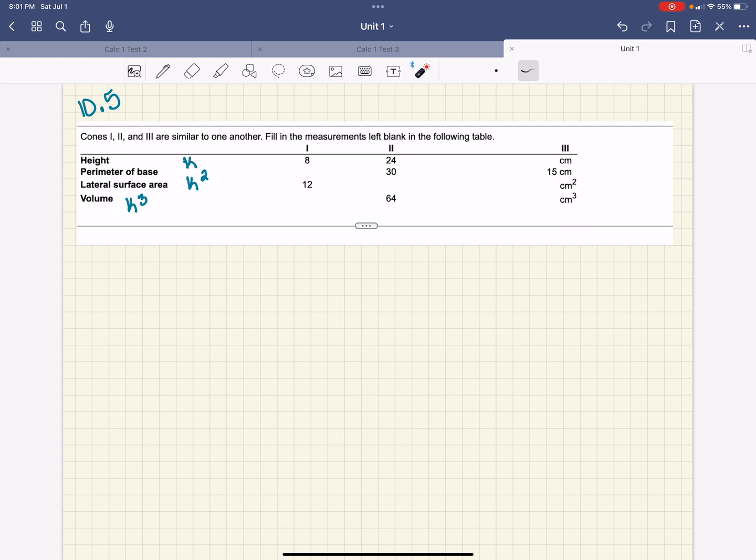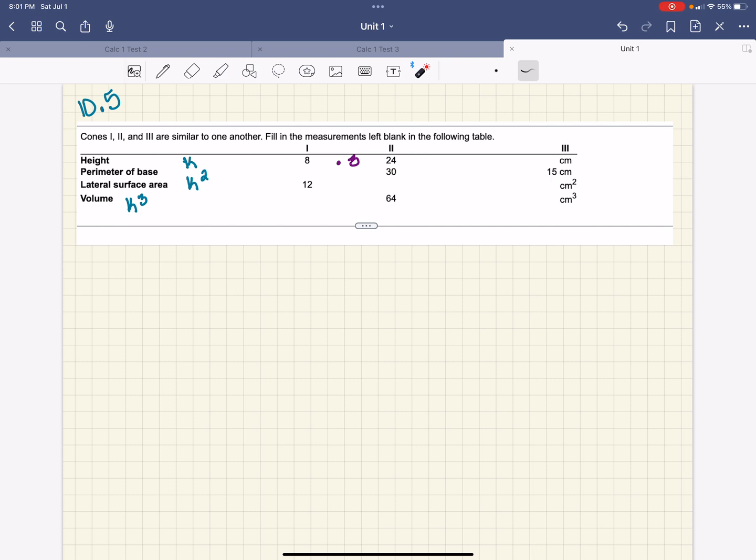So the first thing that we're going to do for height is look at the relationship between these two. I've got 8 times 3, and that gives me 24. So the relationship between cone 1 and cone 2 at the k level, the linear level, is 3. This number times 3 gives me 24.